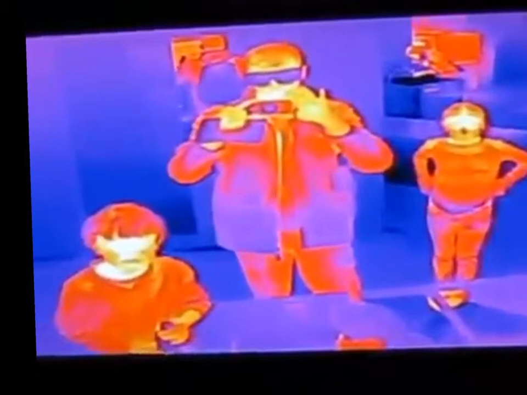But our bodies would still be emitting light, and that's because our bodies would be behaving as black bodies. And the light that our bodies would emit would be infrared light. And this is how infrared goggles or night vision goggles work.